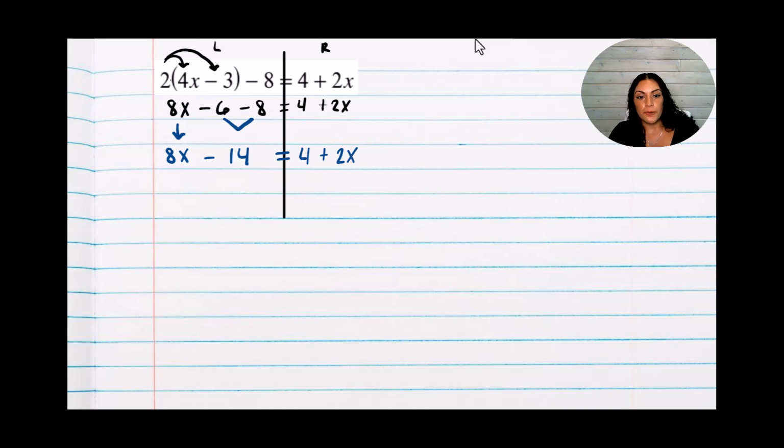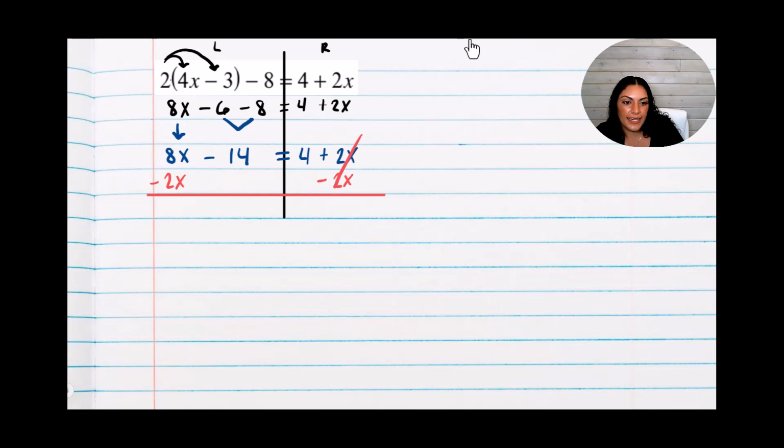Now we're on step 3. Step 3 is when we're going to use inverse operations to move variables left, constants right if we can. So variable on the right is positive 2x. The inverse operation is minus 2x, so we can cancel that out, put minus 2x.